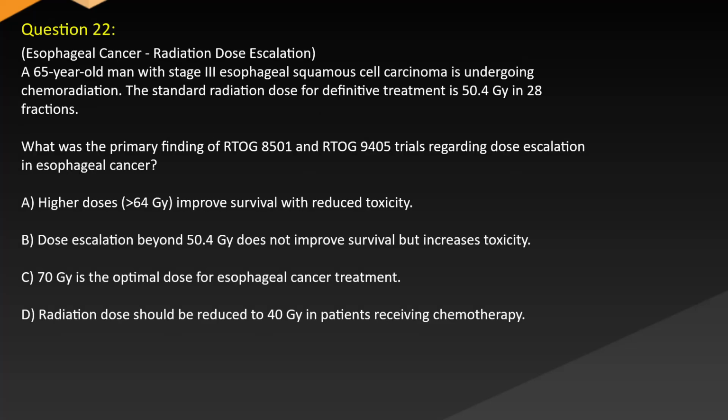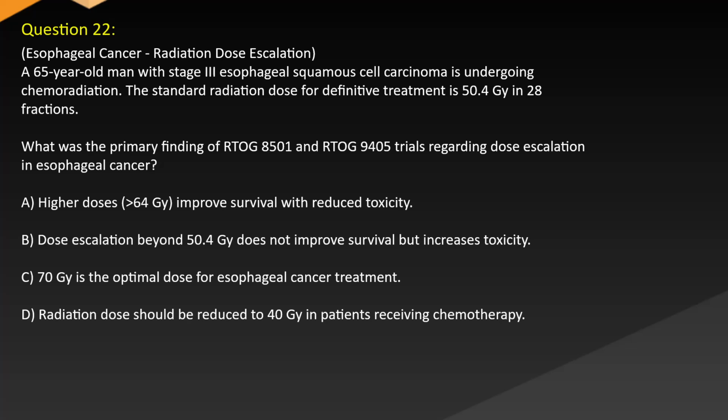Question 22. Esophageal cancer, radiation dose escalation. A 65-year-old man with esophageal squamous cell carcinoma is undergoing chemoradiation. The standard radiation dose for definitive treatment is 50.4 Gy in 28 fractions. What was the primary finding of the RTOG 8501 and RTOG 9405 trials regarding dose escalation in esophageal cancer?